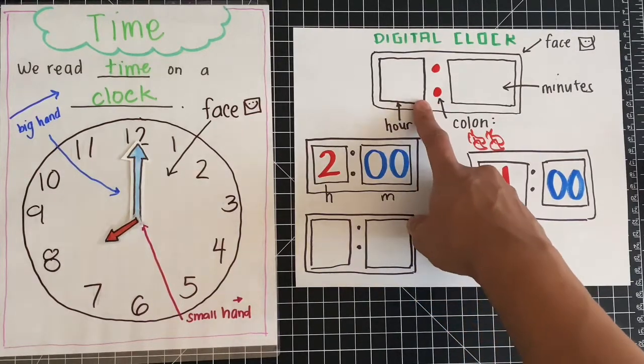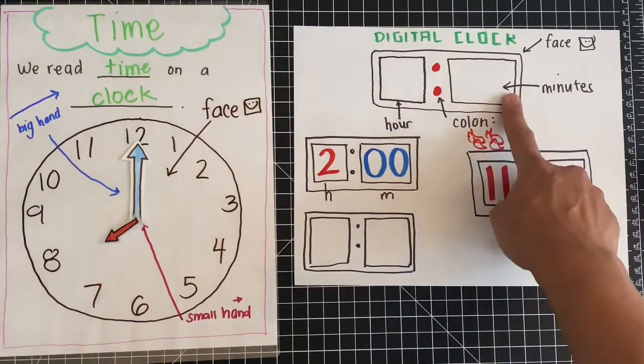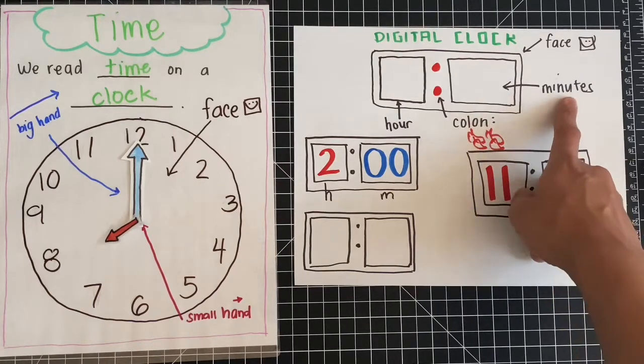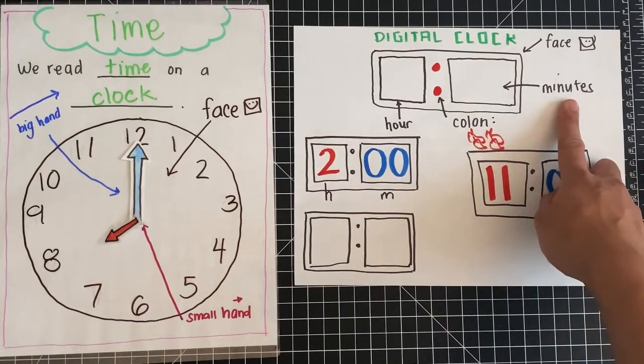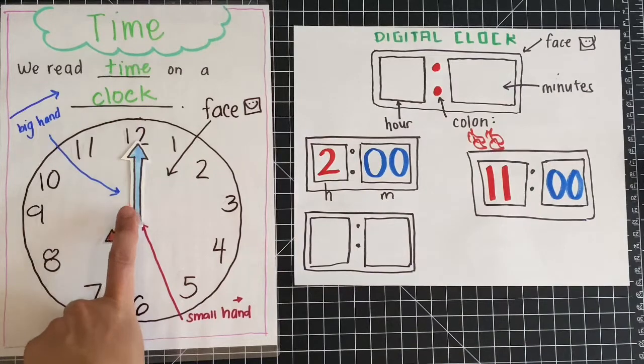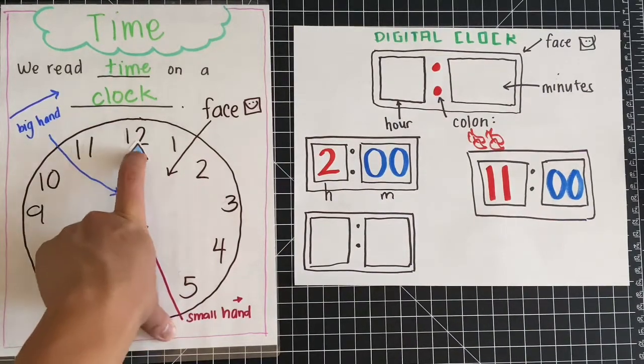So in this box, we always write the hour. And then what do we put on this side of the colon? On this side, we put the minutes.